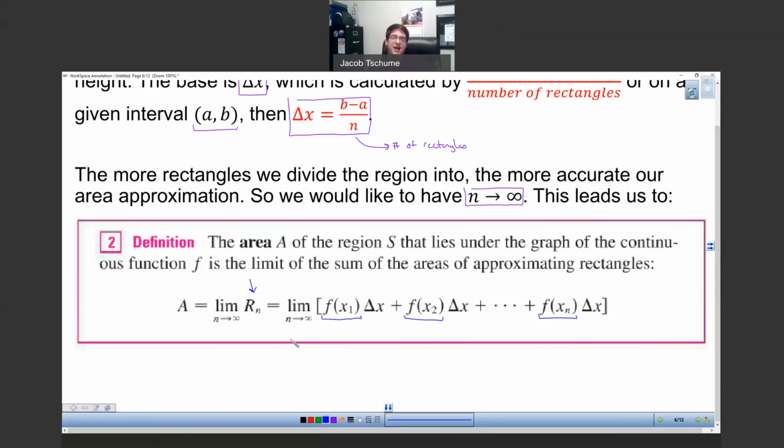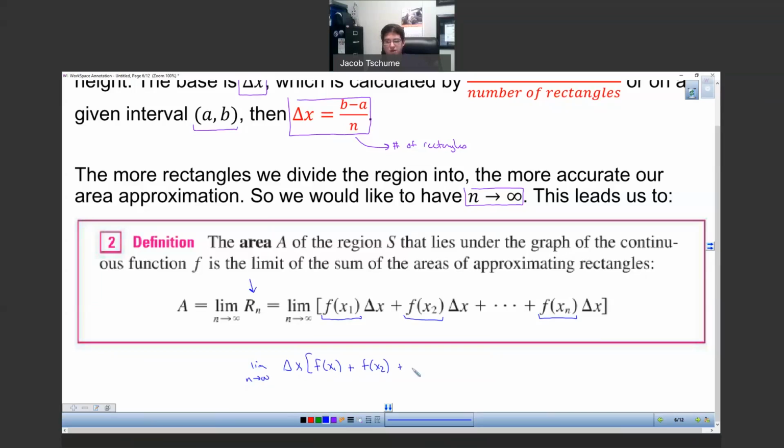Now, one thing that I usually do different from the book is that since all of these have a delta x in common, these delta x's can actually be factored out in this case. So you can do the limit as n approaches infinity of delta x times all of the function values added together.